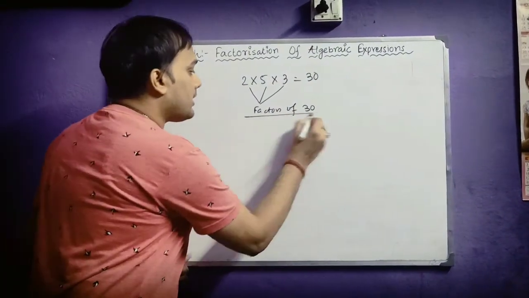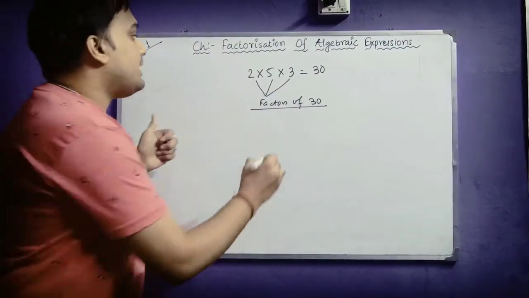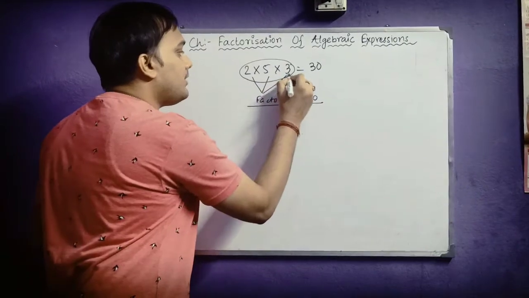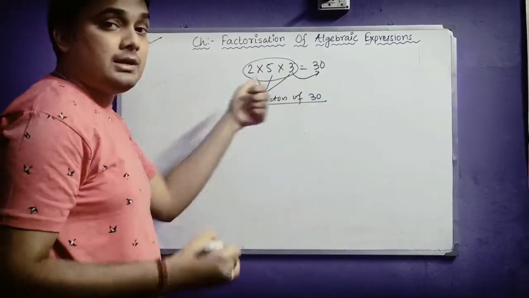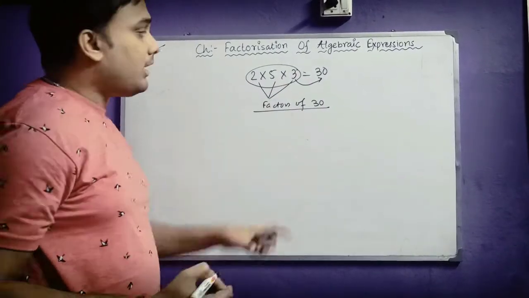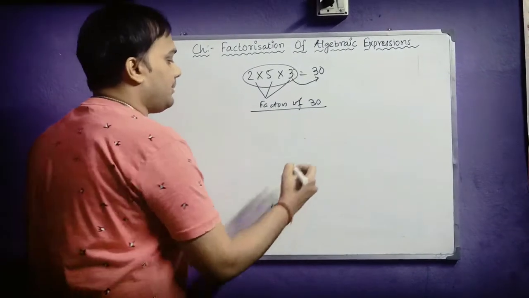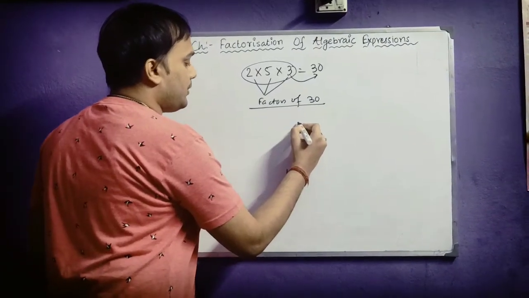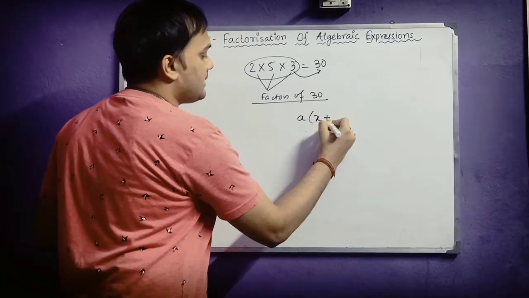So from here the concept of factorization comes. If you multiply all these factors, you will get the resultant number. So these numbers are the factors of 30 in such a way that if you multiply all these numbers, you will get the number. Now in place of this number, if I take a polynomial, suppose a into x plus y.